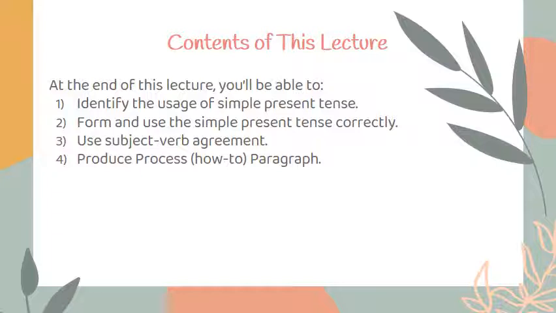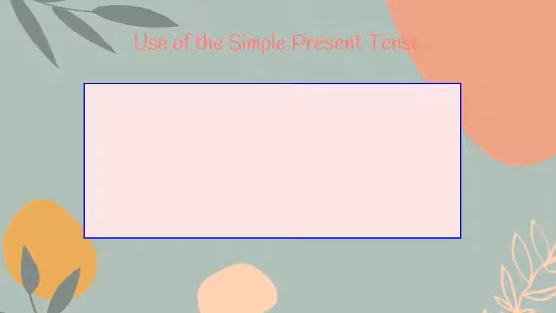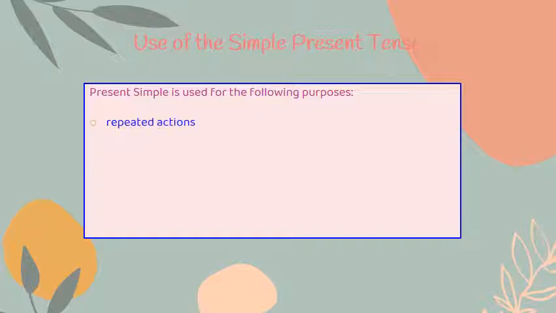Okay, so let's start. The use of the simple present tense. I'm going to start with the grammar part, the simple present tense. Let's see when we must use the simple present tense. Present simple is used for the following purposes. 1. Repeated actions, or we say habitual actions, actions that are as a habit.